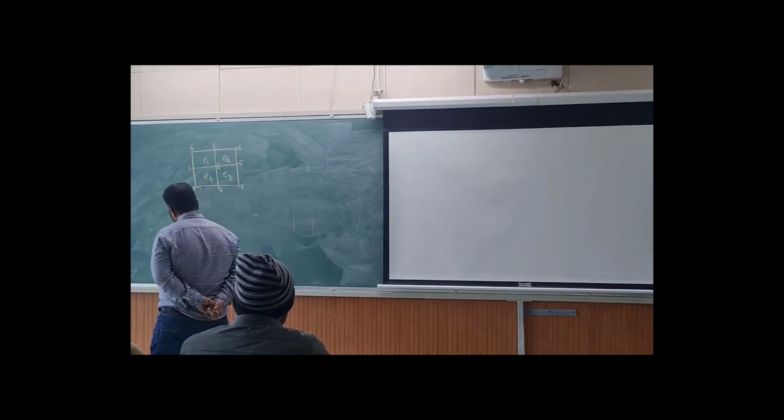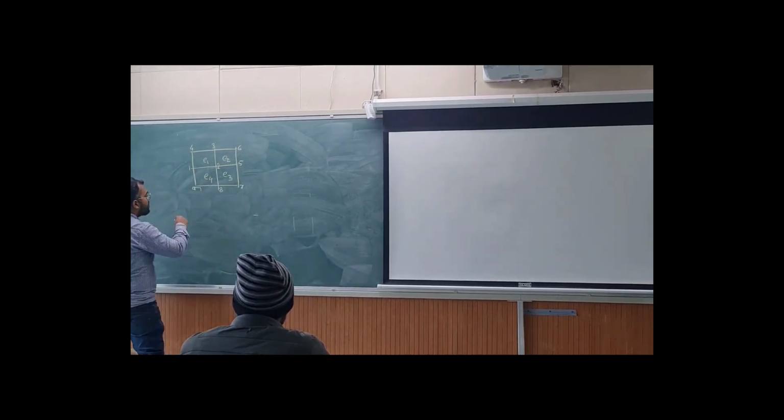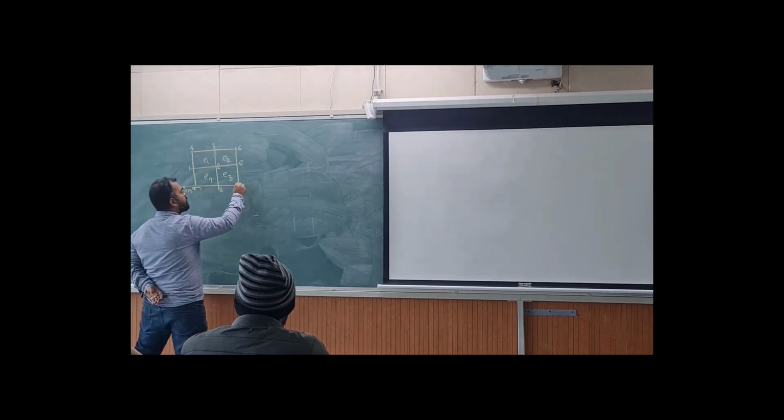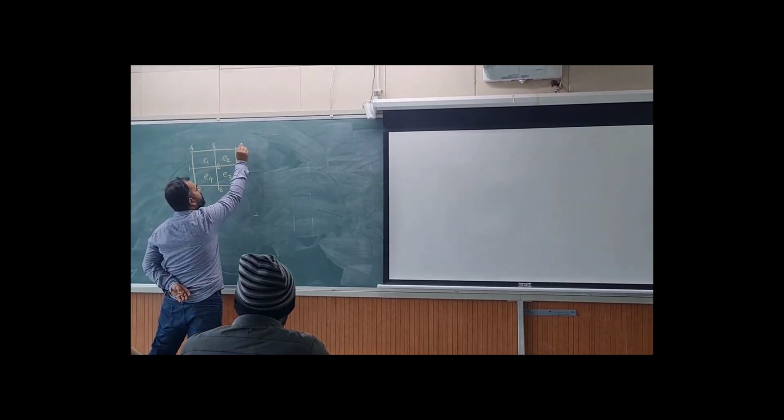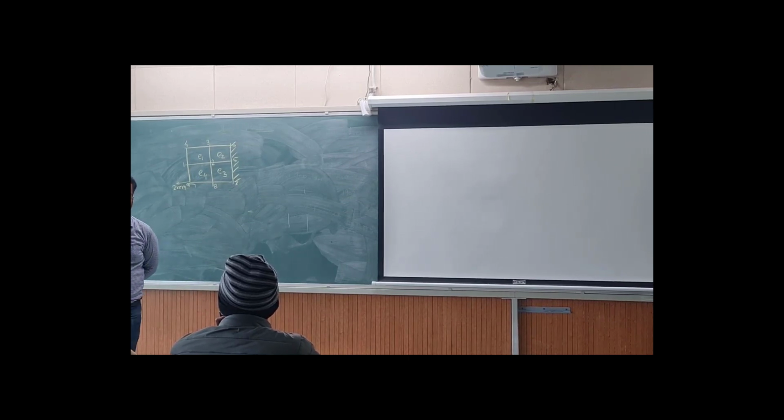So for example, I apply a displacement of 2 millimeter on this side, and this side I keep constrained. So this is like a horizontal tensile test. I have 2 millimeters there also. And now I am solving it with 1000 elements in it.